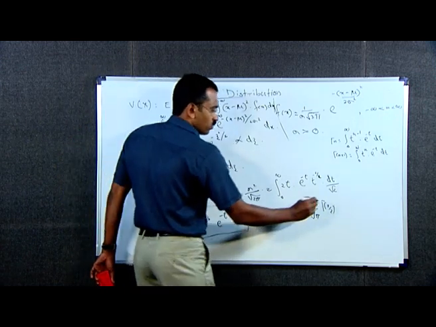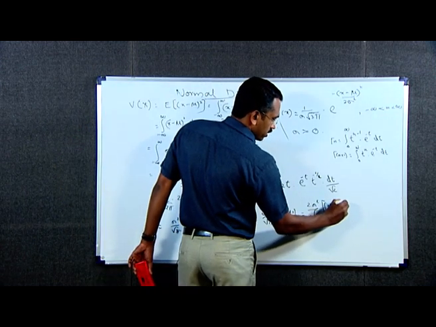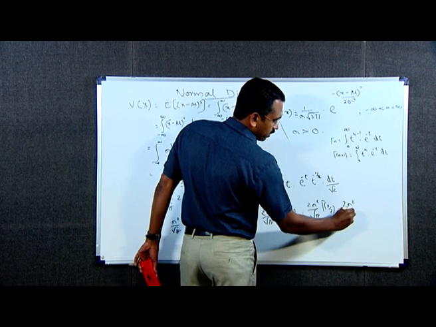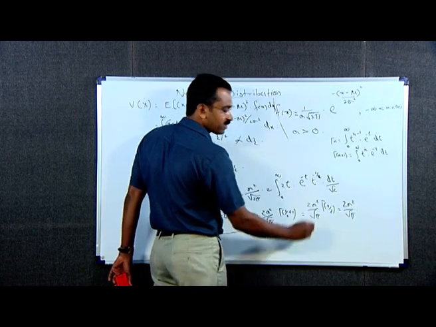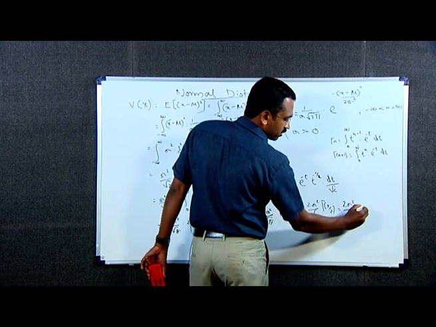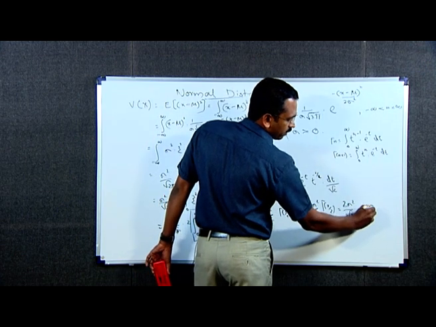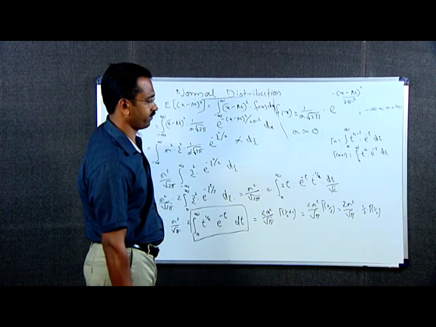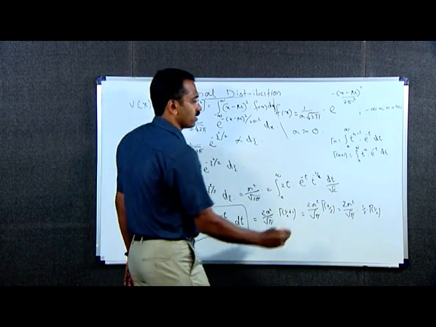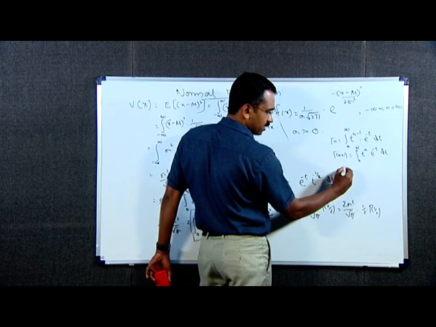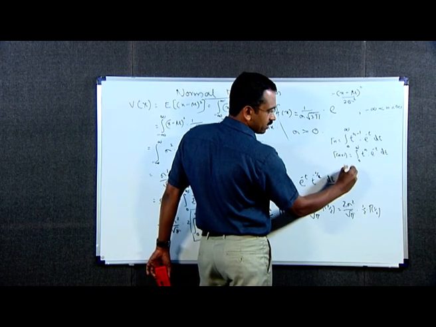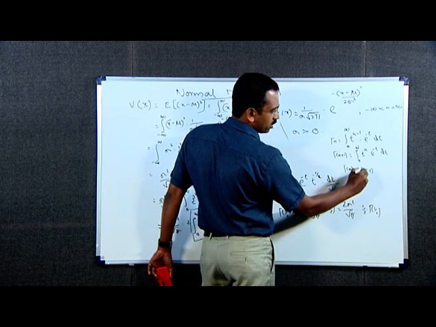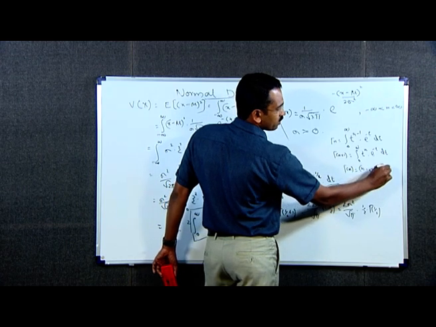Which is equal to 2 sigma square divided by root pi into gamma 3 by 2, which can be written as 1 by 2 into gamma 1 by 2. Because we have a recurrence relation, gamma n is equal to n minus 1 into gamma n minus 1.